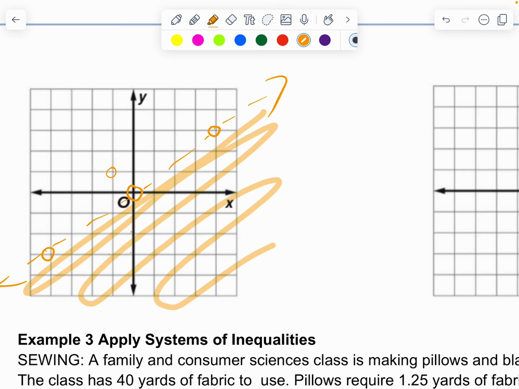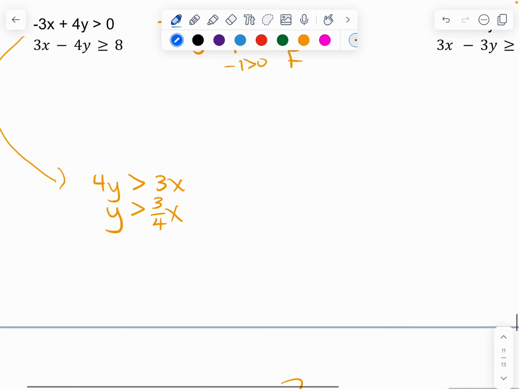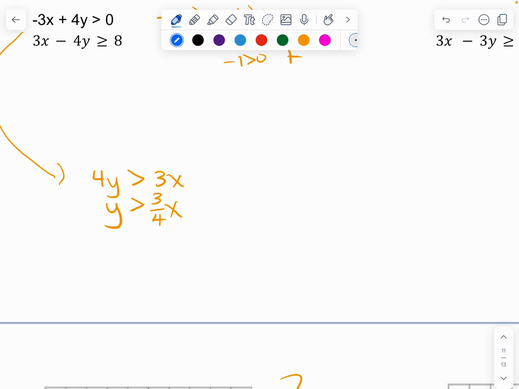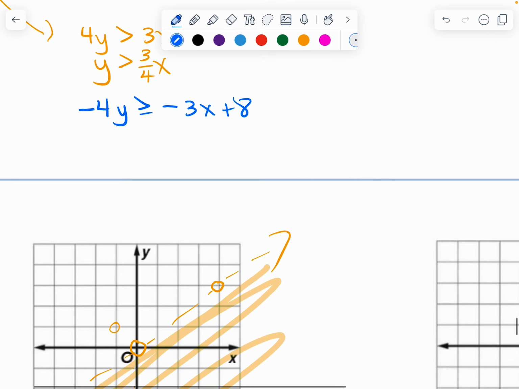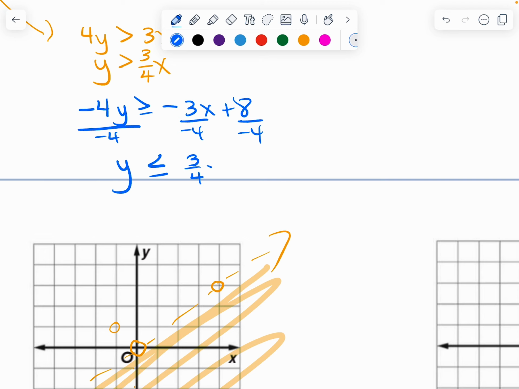Okay, so let's do the other one. If I subtract 3x to the other side, I get -4y greater than or equal to -3x plus 8. Divide everything by -4. And I get y is less than or equal to 3/4 x minus 2.